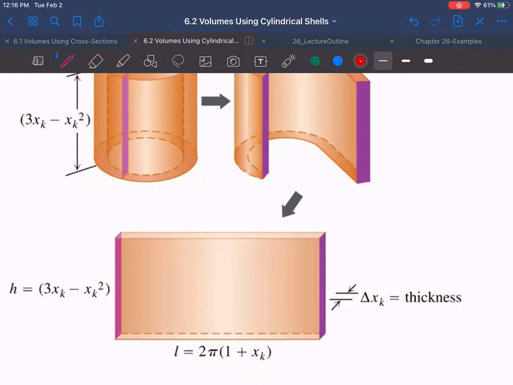And then we have a length here, which is essentially the circumference of that cylinder. And then we have a certain thickness to it for how big of a change in x we took, for how thick we made it.